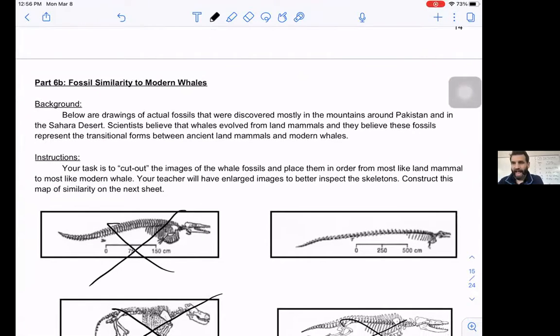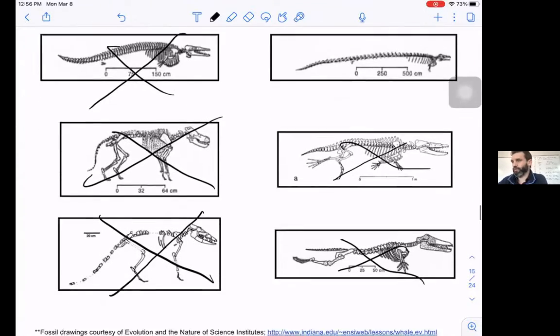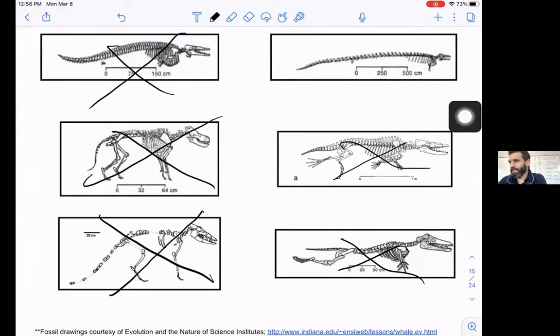We started with actual recreations of transitional fossils that scientists found that they believe are in the transition from four-legged walking mammal to more modern day whales. And there's a variety of reasons why paleontologists believe that all of these animals are related.